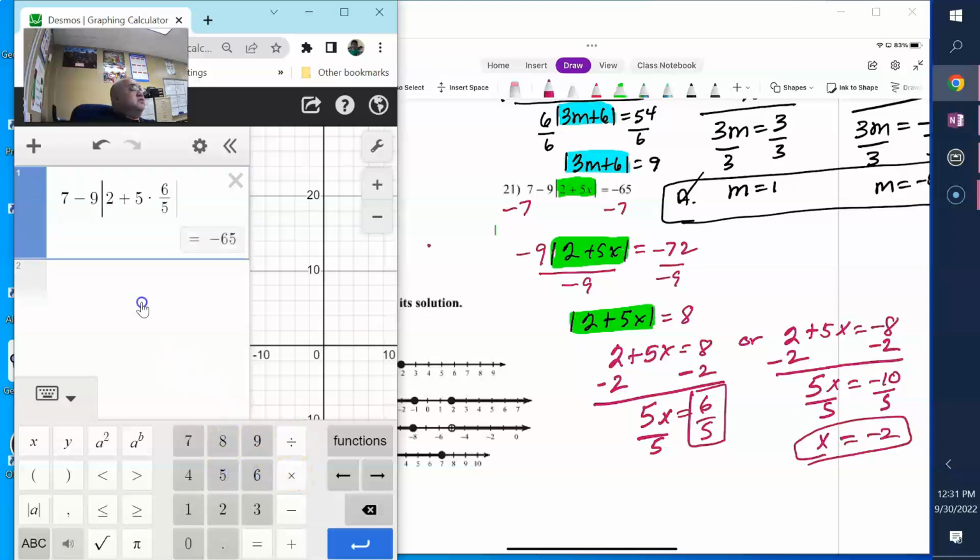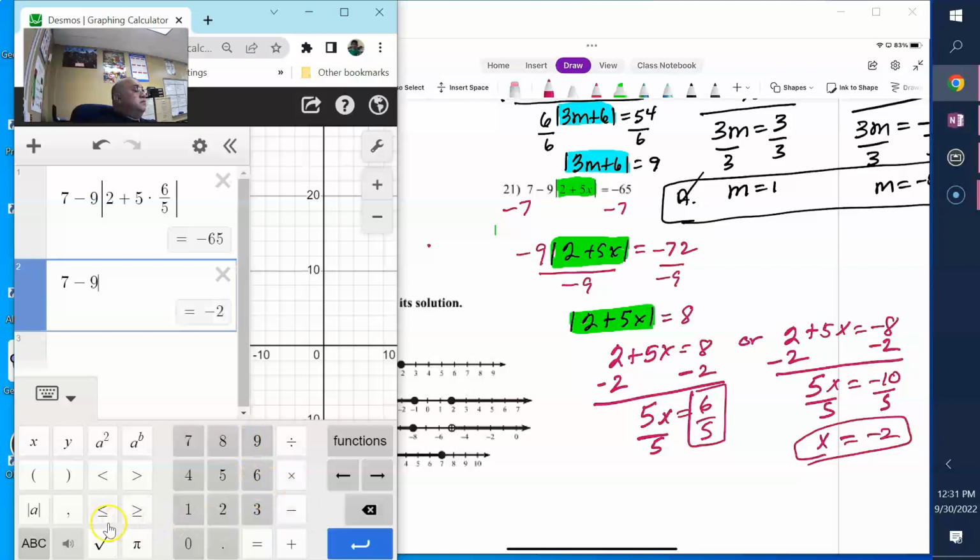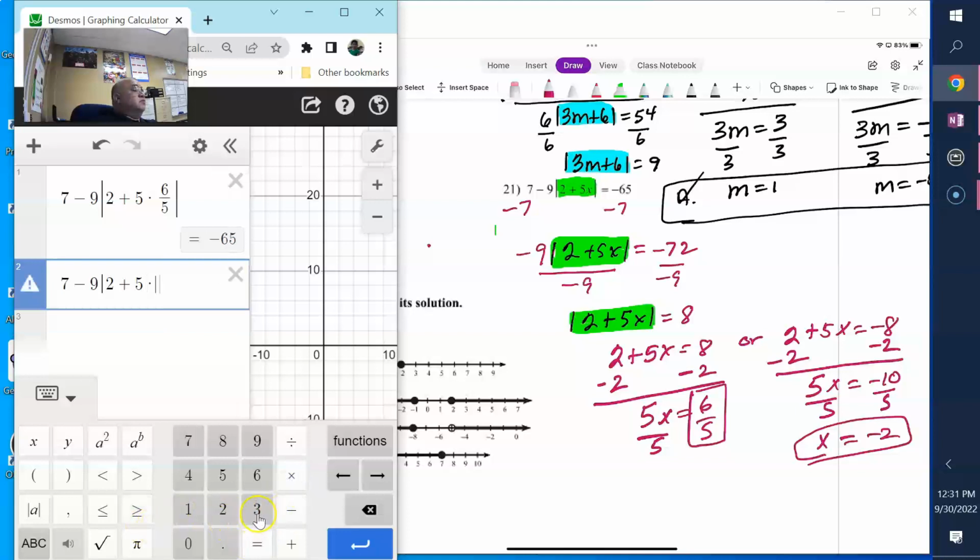And did we get -65? Yes. 7 minus 9 absolute value, and we have 2 plus 5 times -2. Do we get -65? And so that's the answer.